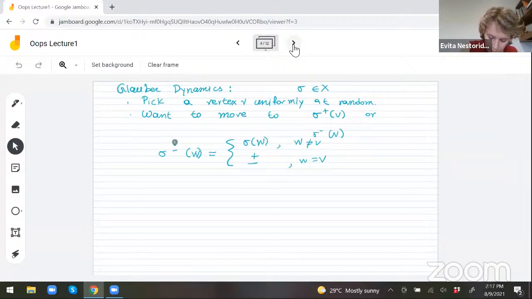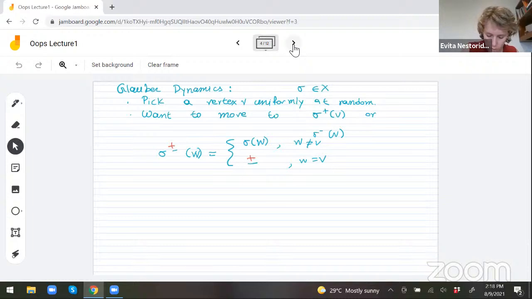Just to make it more clear, here, the plus goes with the plus and the minus goes with the minus. And the way that we move is that we condition on everything else being as it is.